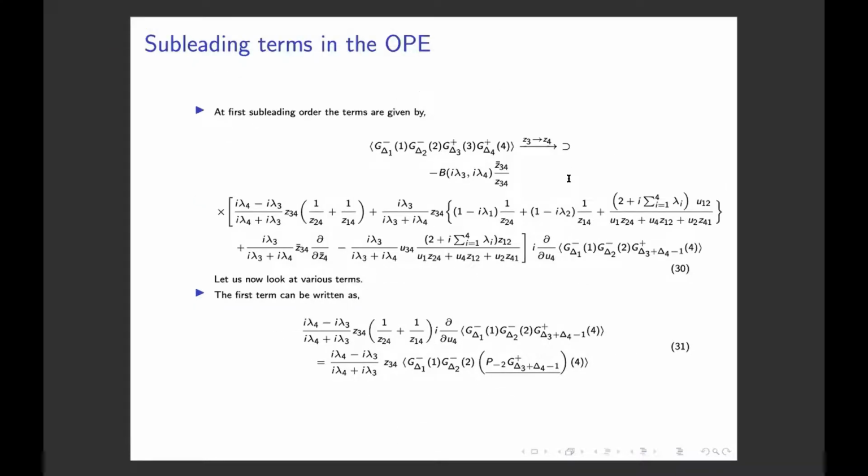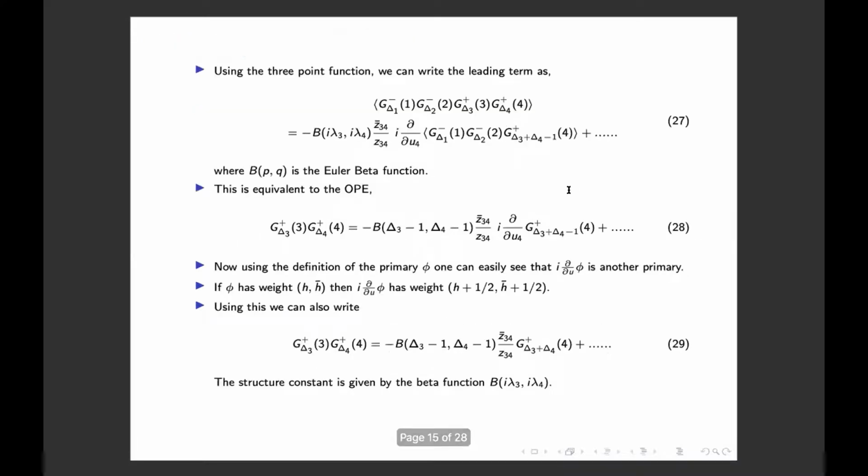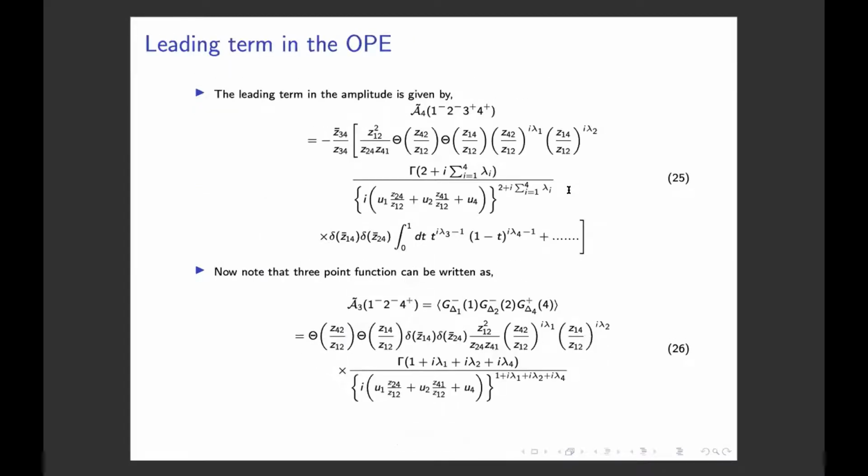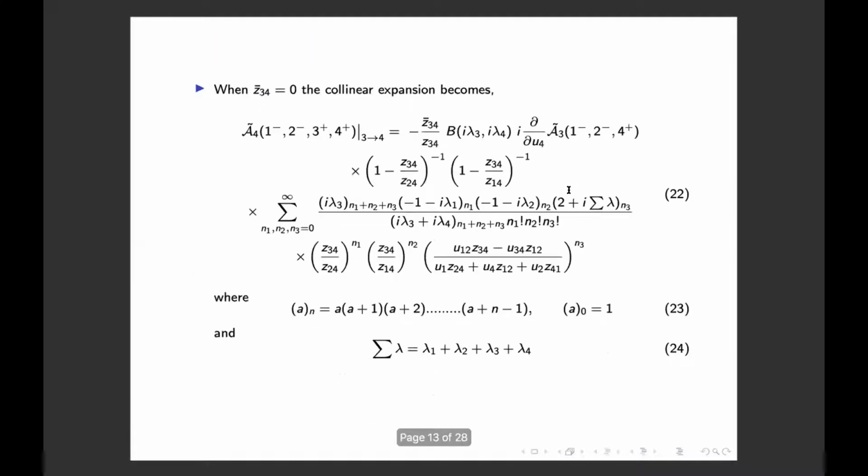So one more question. I should have probably asked you a little bit earlier, but when you write this 4-point function, can you write the whole thing in terms of cross ratios, like if I took Z34 by Z24 or something? Yeah, if you compute it exactly, then of course you can do that, and there are some constraints, like for the 4-point function the cross ratio has to be real.